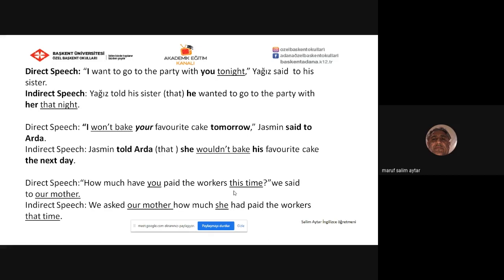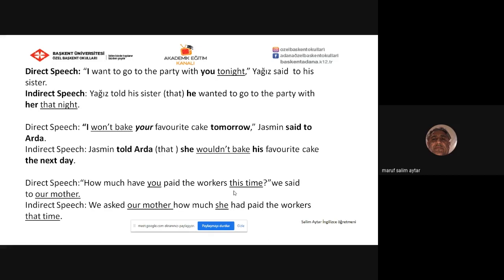I want to go to the party with you tonight, Yağız said to his sister. Yağız told his sister that he wanted to go to the party with her that night. I won't bake your favorite cake tomorrow, Yasmin said to Arda.